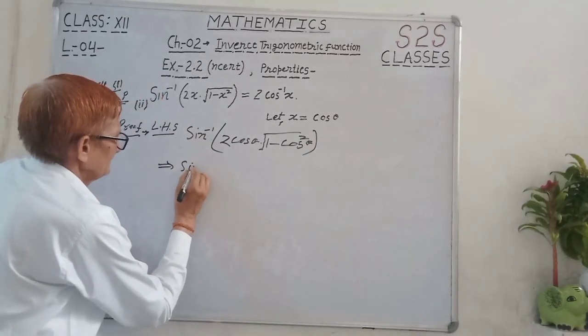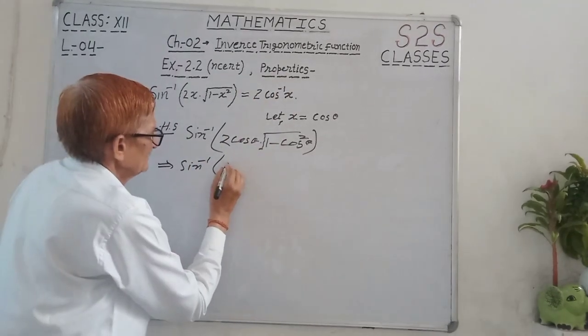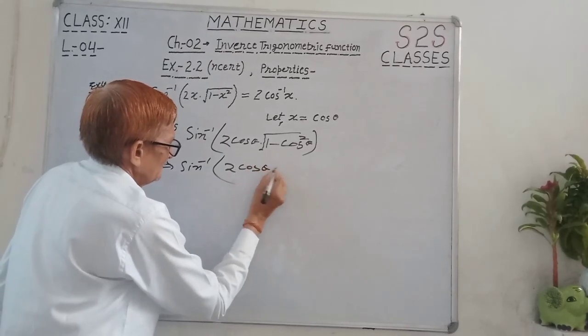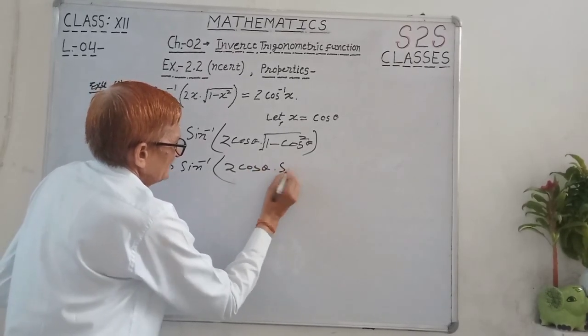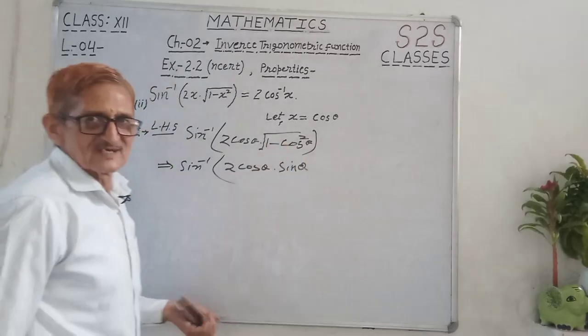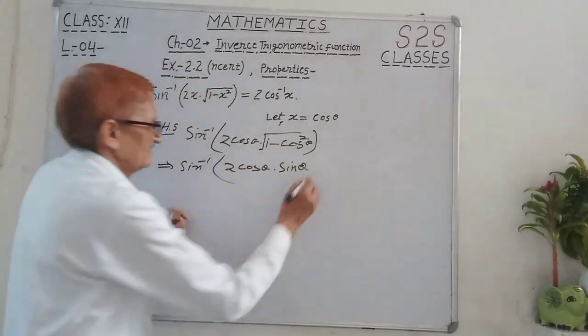Then sin inverse of 2 cos theta into sin theta. How? Because 1 minus cos square theta is sin square theta, and the square root of sin square theta is sin theta.